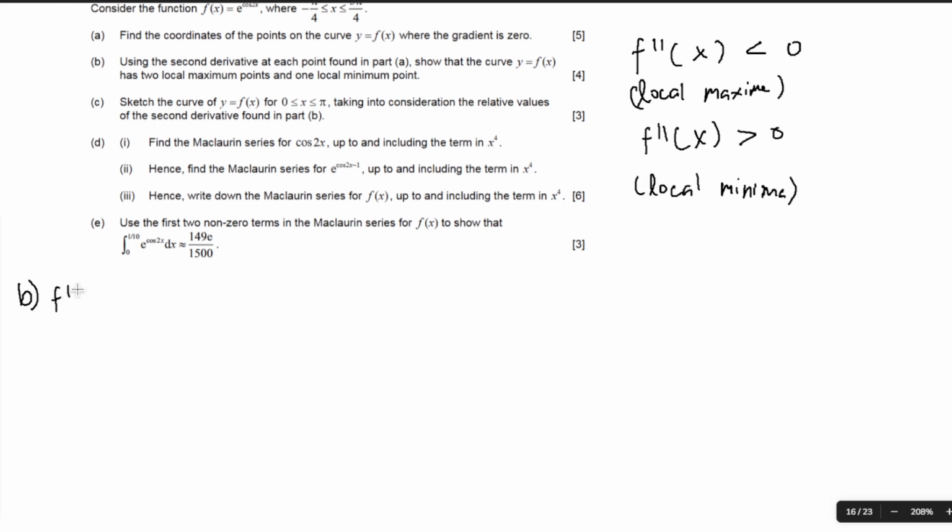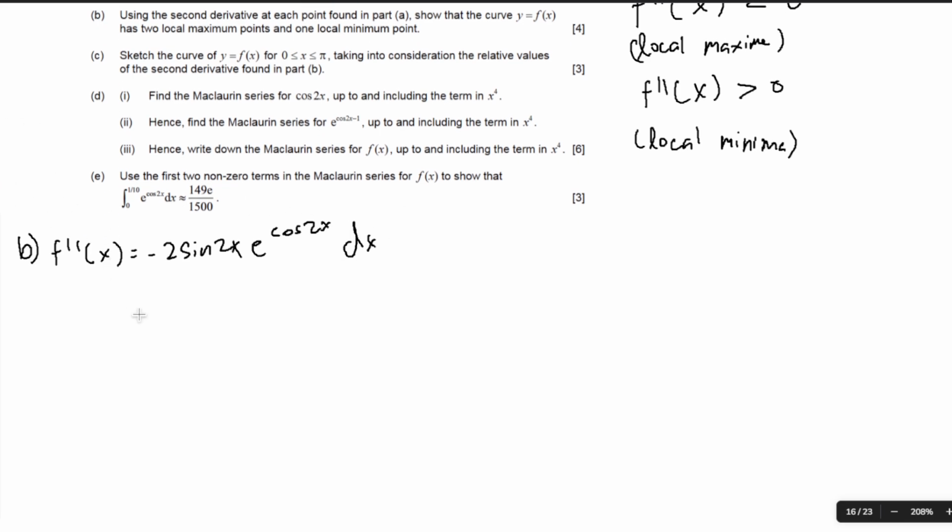So that means we have to find our f dash of x, which is the derivative of minus 2 sine 2x times e power cos 2x. To find this, we can apply our product rule, as we can separate minus 2 sine 2x and e power cos 2x. So our u would be minus 2 sine 2x, and our v would be e power cos 2x.